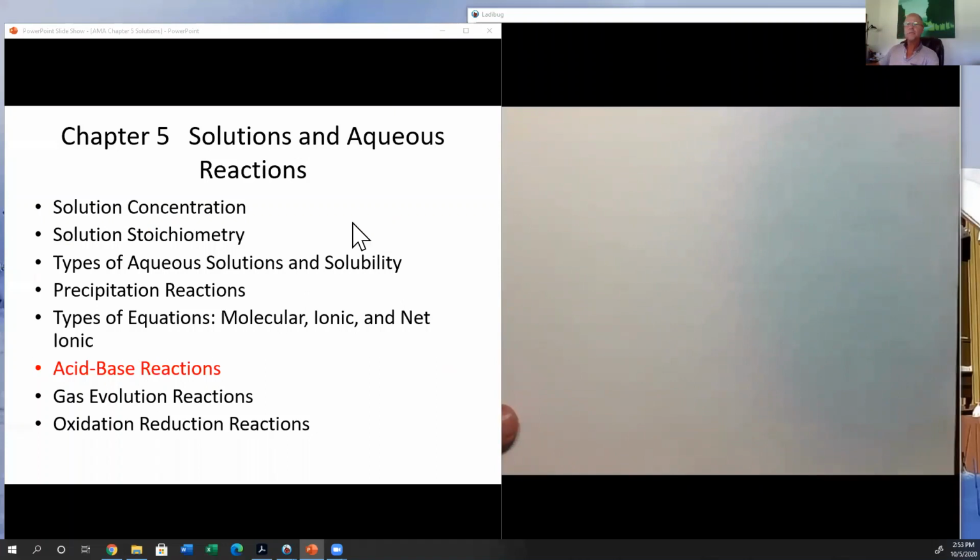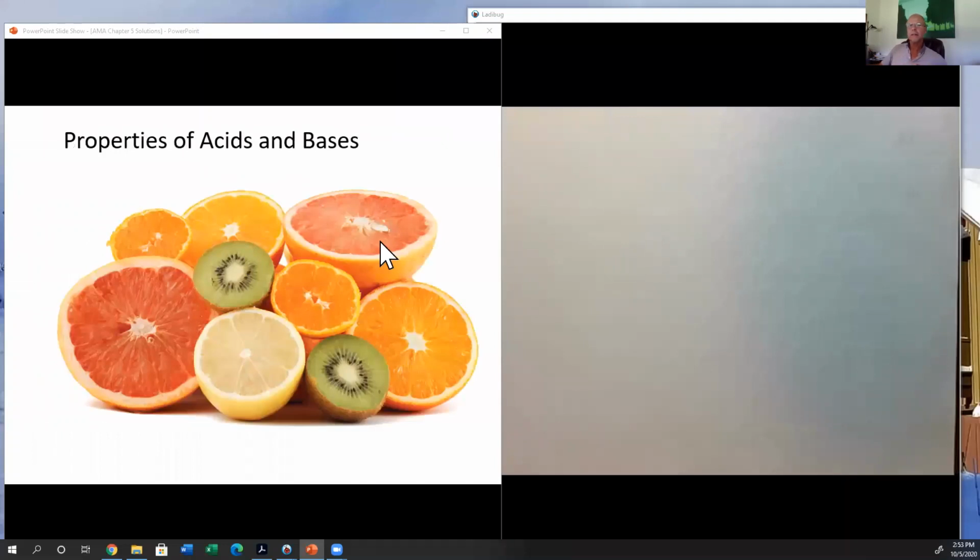So in an acid-base reaction, you have an acid and a base that neutralize each other, forming water and a salt. Remember acids, we talked about them a little bit before when we were talking about nomenclature of molecular compounds. Acids have certain properties. They have a sour taste. You find them a lot of the time in citrus fruits, like in lemons and limes.